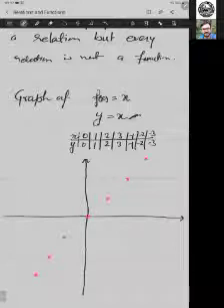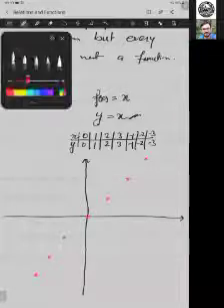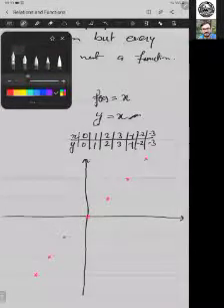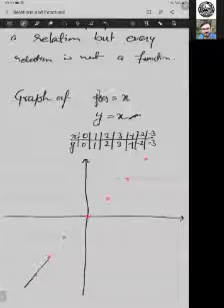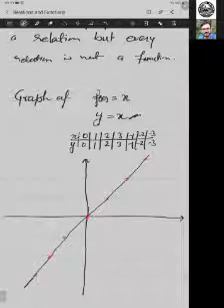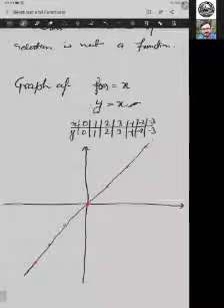Likewise, many points we can mark, but with a few we are trying to make the graph. So let us join them. This is the graph of f(x) = x.